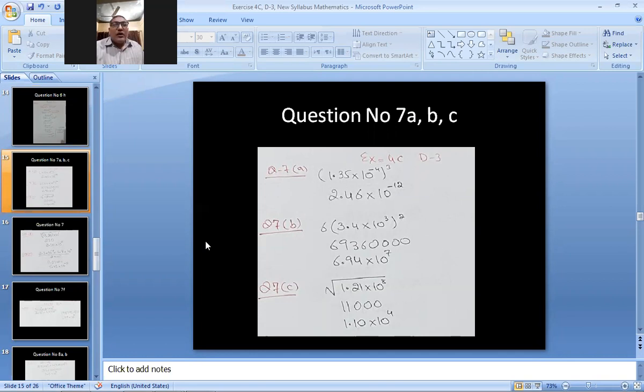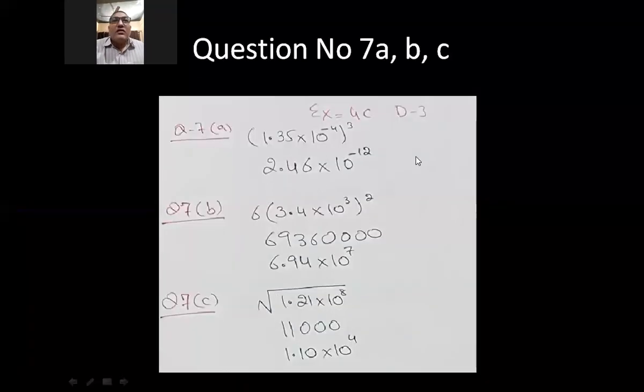The next question is coming up on your screen. For question number 7A part, in your calculator you will write bracket start 1.35 x power minus 4 bracket close raised to power 3 equals, and you get this answer.